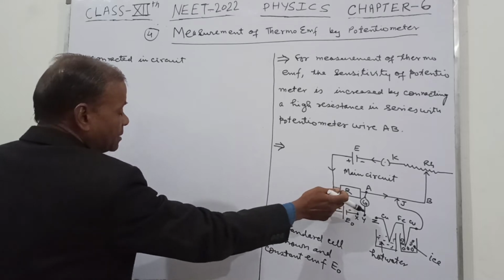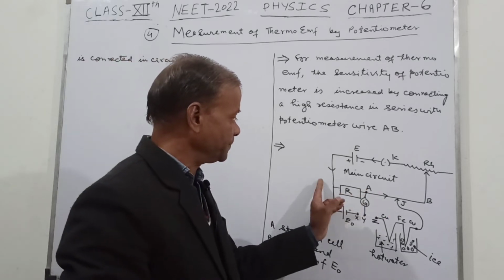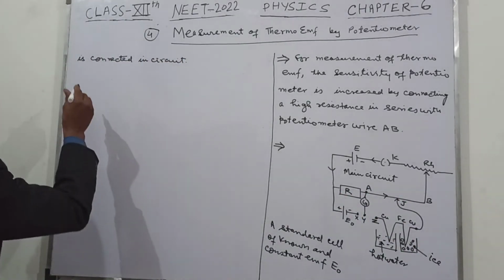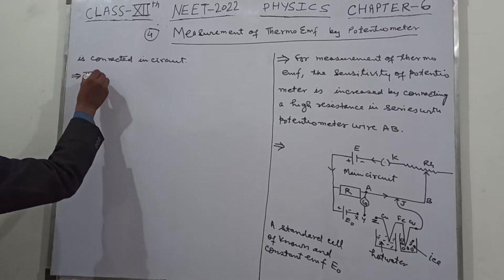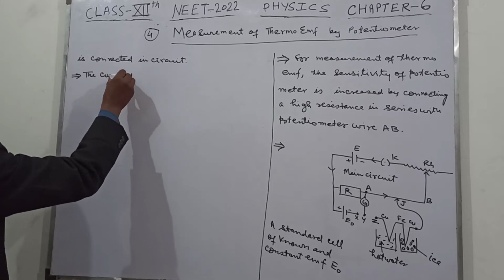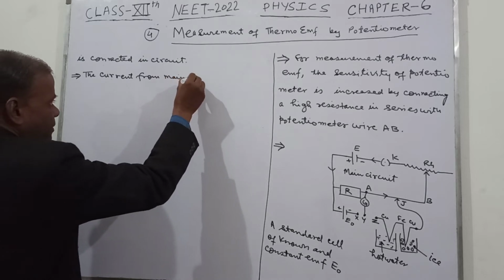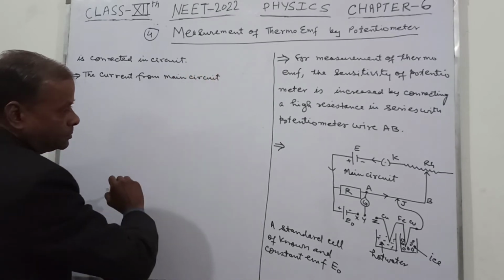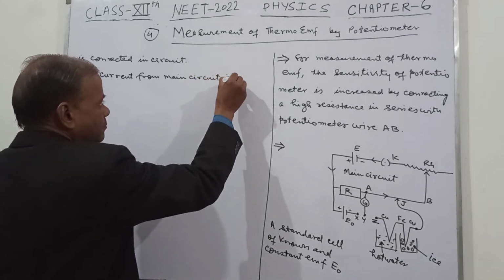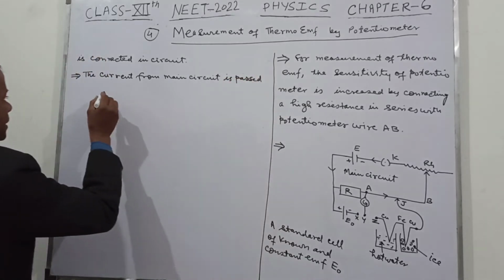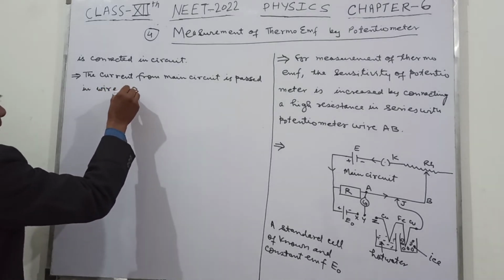This is the high resistance R. Now the current from the main circuit is passed in wire AB.